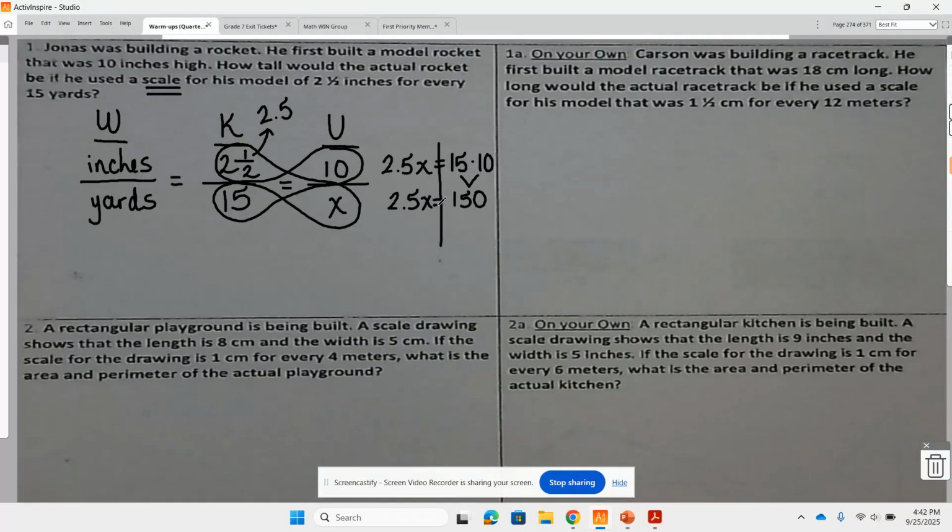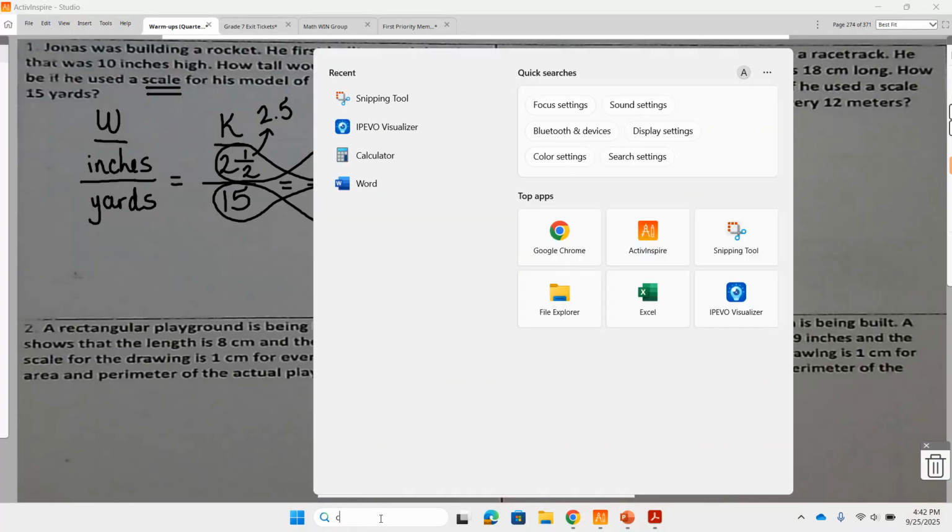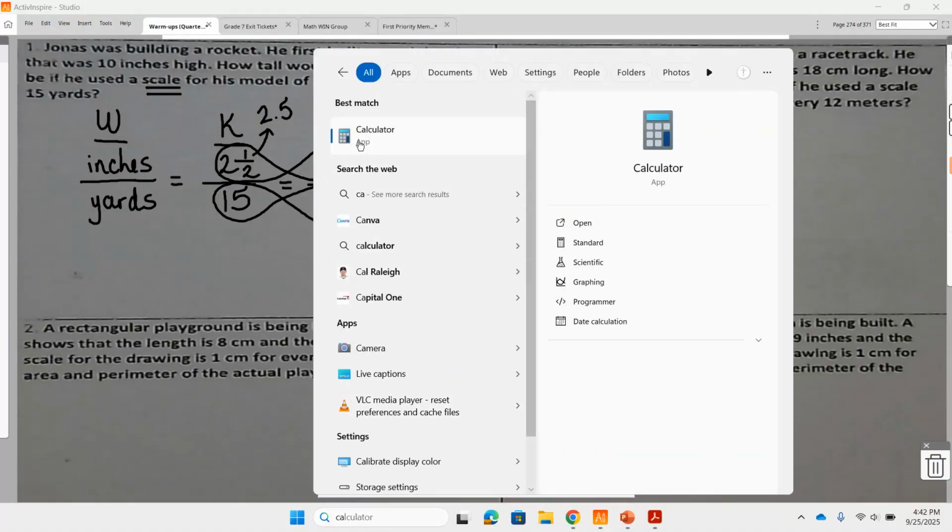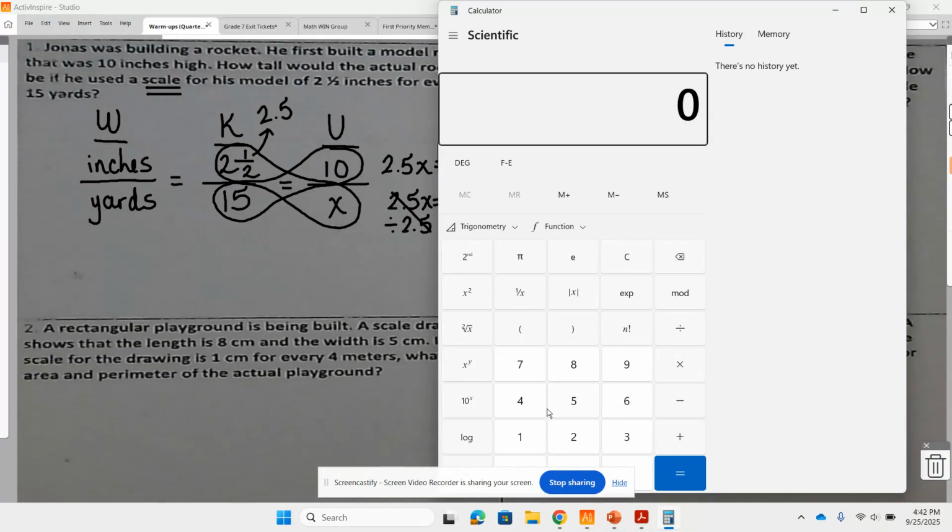divided by 2.5. Remember, you're dividing on both sides like you're solving for x, inverse operation. All right, let's grab our calculator. So 150 divided by 2.5.